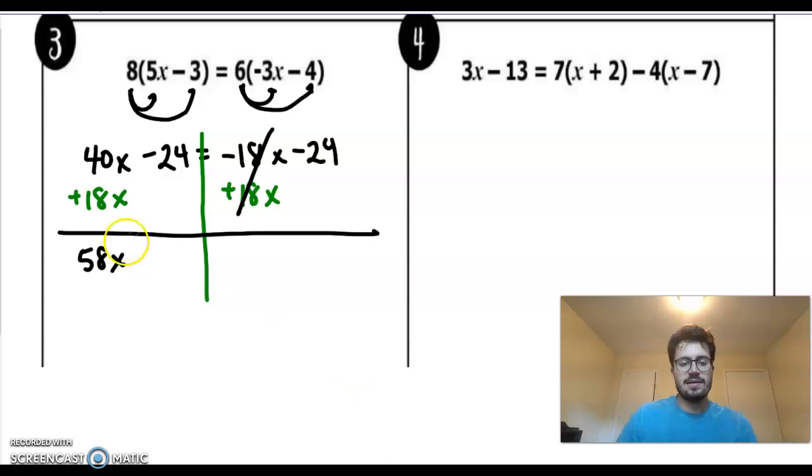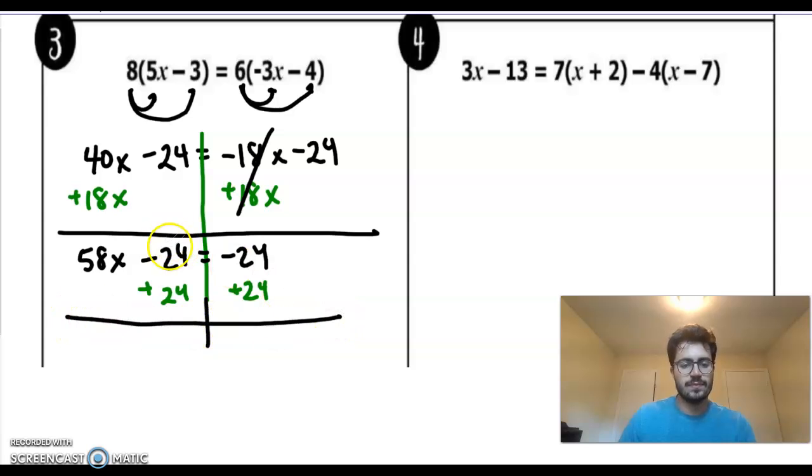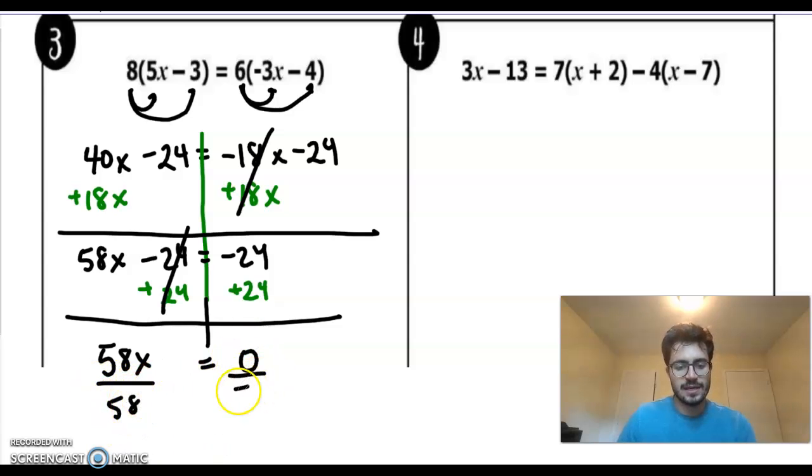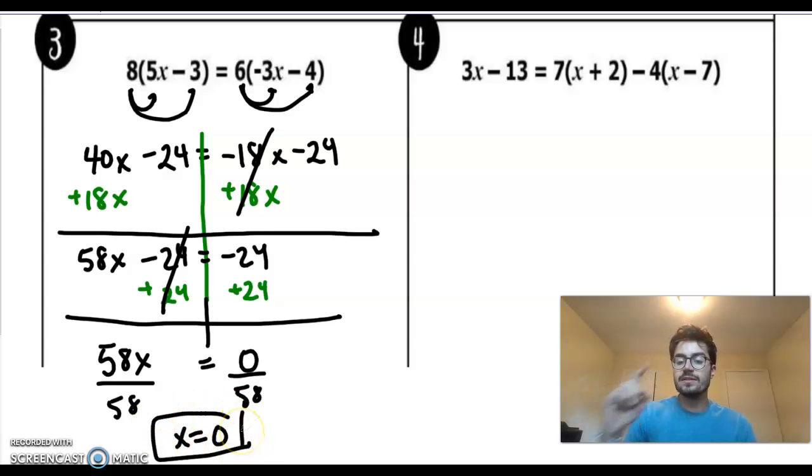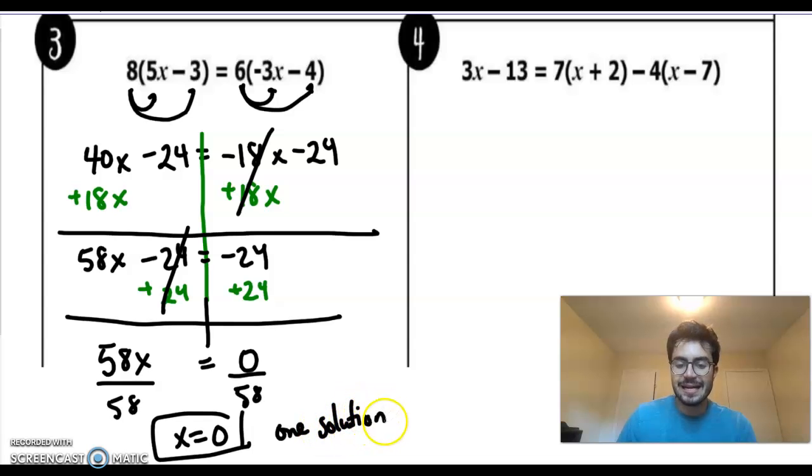And minus 24 equals negative 24. I'm going to keep going. I'm going to add 24 on both sides. I get 58x is equal to 0. I'm going to divide both sides by 58. X equals 0. This is still one solution. Okay, but notice x equals 0. This is not saying there's no solutions, but it's saying the solution is x equals 0.